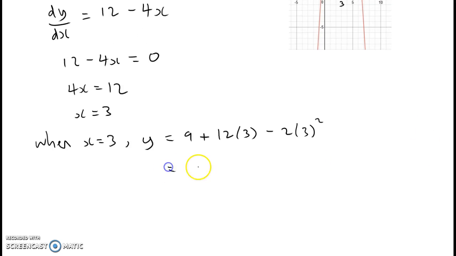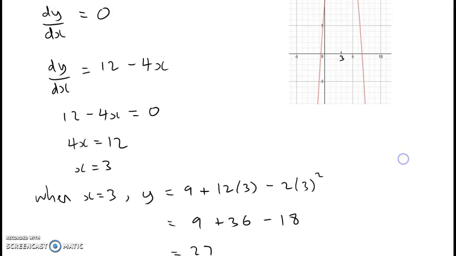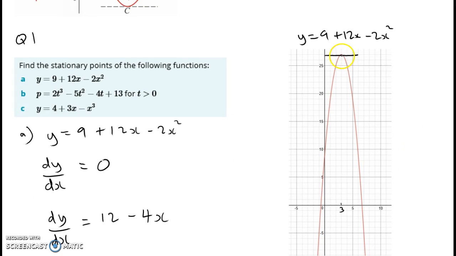We'll get 9 plus 36 minus 18, which equals 27. So we can say, therefore, stationary point at (3, 27). And just going back to our graph again, that would be this point up there, (3, 27).